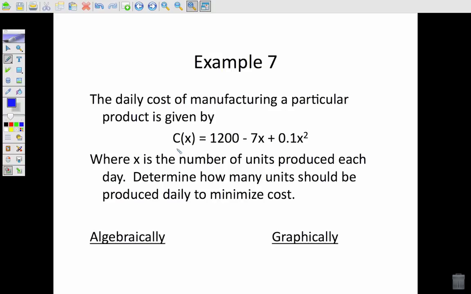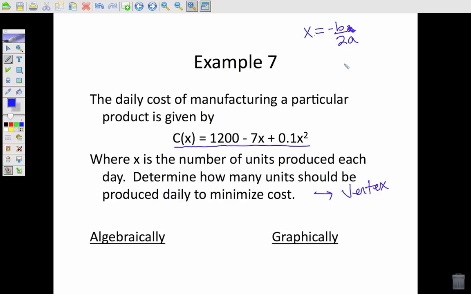Example 7, the daily cost of manufacturing a particular product is given by the function cost in terms of x is 1200 minus 7x plus 0.1 x squared, where x is the number of units produced each day. Determine how many units should be produced daily to minimize cost. So I need to find the vertex, and we're going to find this vertex by doing x equals negative b over 2a.